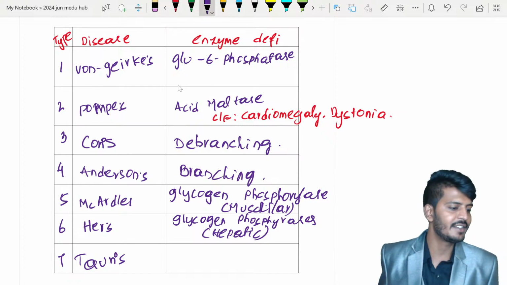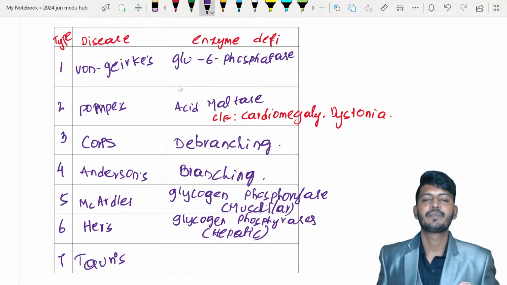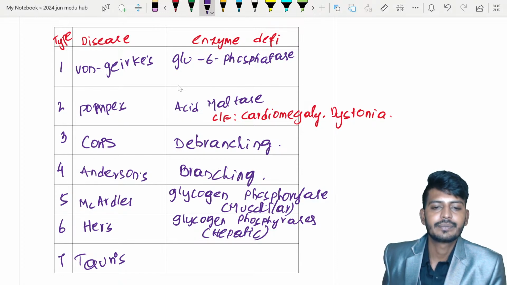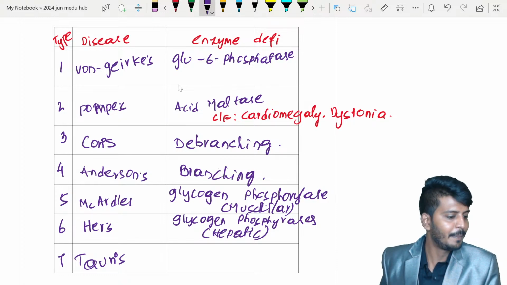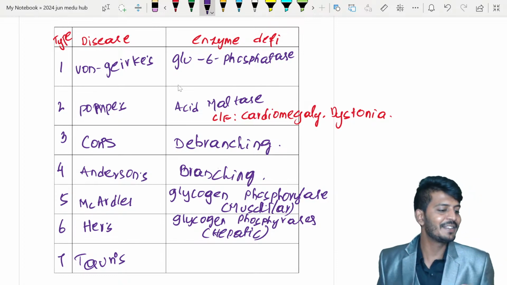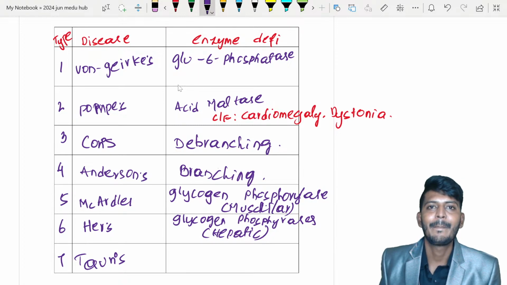Tarui's is due to deficiency of which enzyme? Come on, tell me. Hepatic glycogen phosphorylase. Correct.